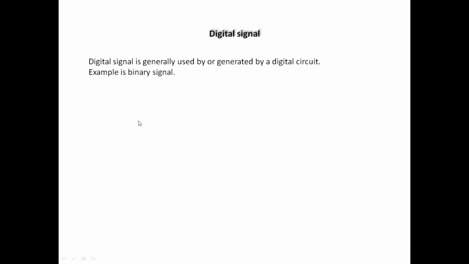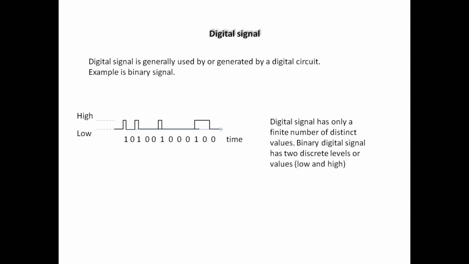Now let us see the digital signal. A digital signal is generally used by or generated by a digital circuit. For example, a binary signal. A binary signal has two possible values. The voltage may be low or it may be high. There are two possibilities. So here this signal shows the variation. The voltage is low, then it becomes high, then it is low, becomes high, then low, low, low, then it becomes high. So it can have only two discrete values.